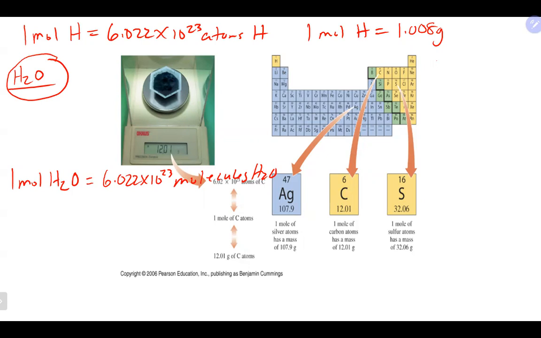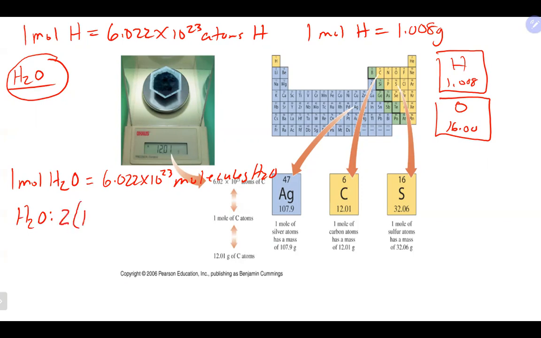So we would go to the periodic table and find our hydrogen, that's 1.008. We'd also find our oxygen, which is about 16. To find the molar mass of water, we just add up all those parts. So that would be 2 hydrogens, each at 1.008 grams per mole, plus 1 oxygen at 16 grams per mole.